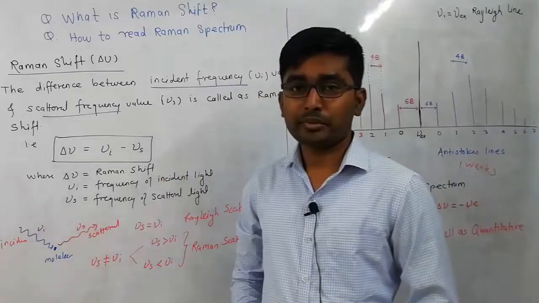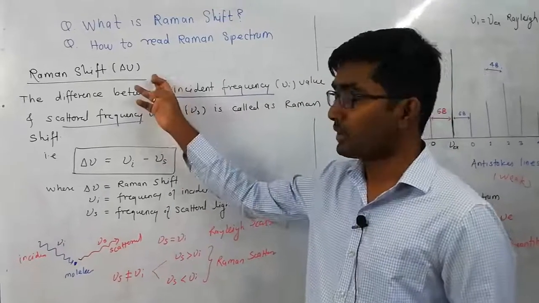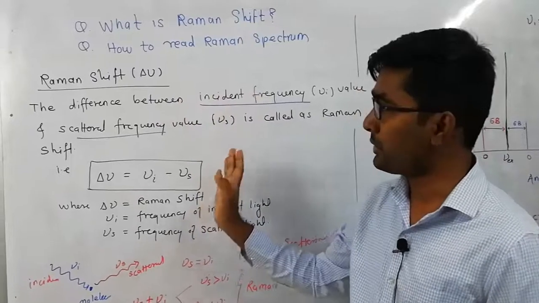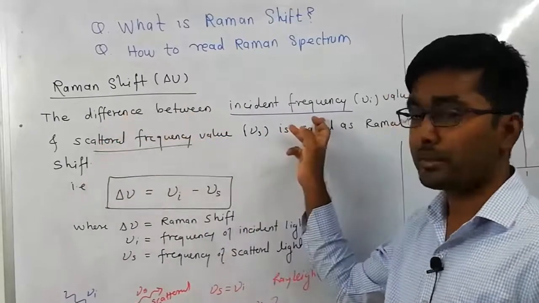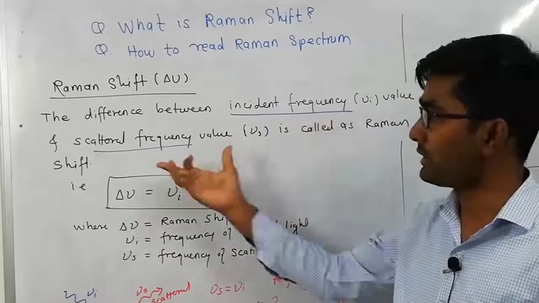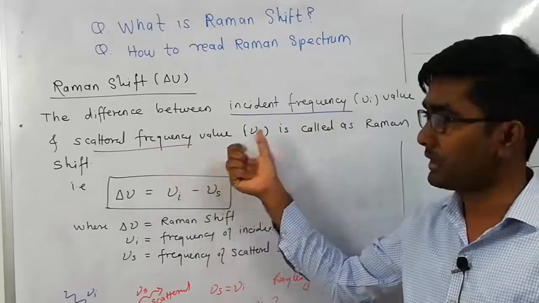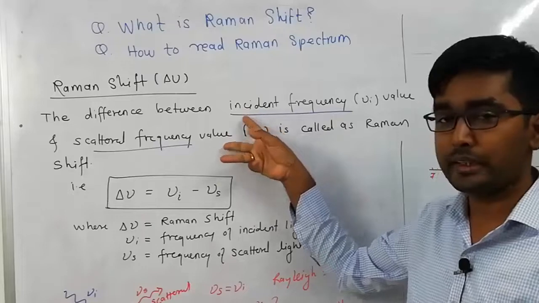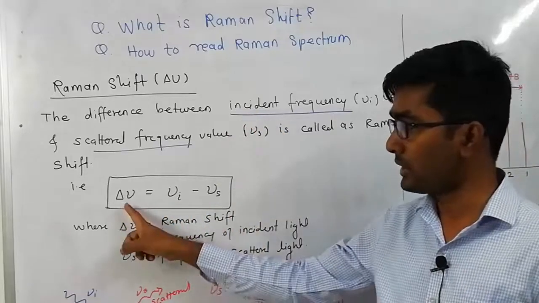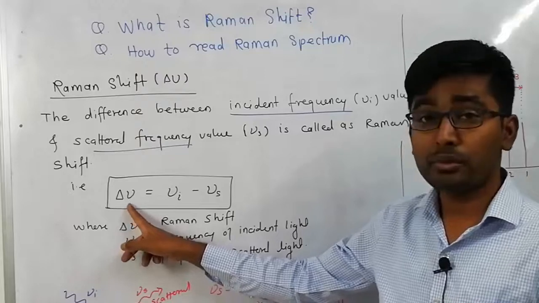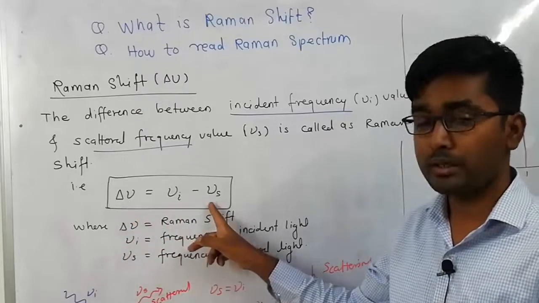The first concept is Raman shift. This is one of the important concepts in Raman spectroscopy. It is the difference between the incident frequency mu I and the scattered frequency mu s. This difference between these two quantities is called the Raman shift, and mathematically it is shown as delta mu is equal to mu I minus mu s.